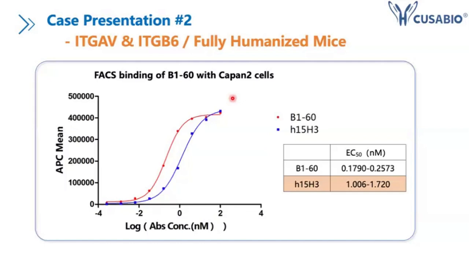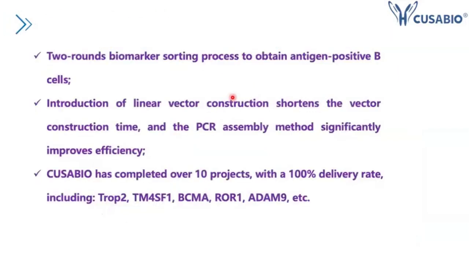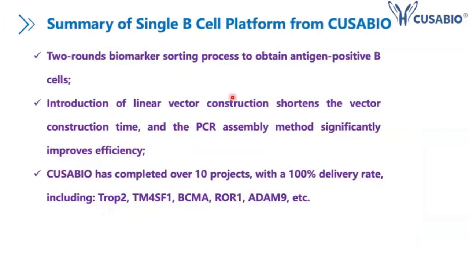Then the summary slide here is to emphasize the features of our CUSABIO platform again. We did two rounds of biomarker sorting to increase the efficiency of finding antigen-positive B cells, and also our strategy in the linear vector construction shortens the construction time and increases the efficiency of our platform.